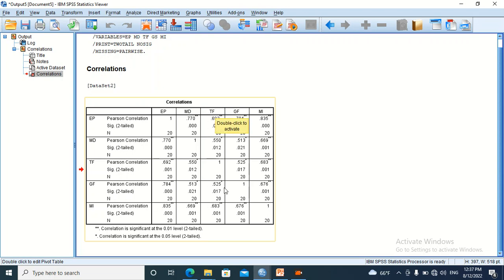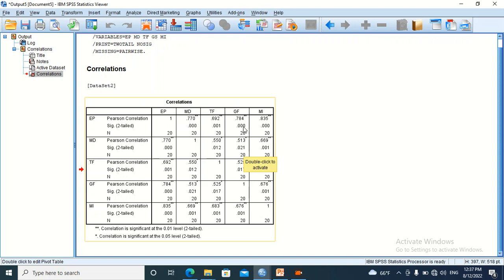For example, the relationship between TF and GF is significant, 0.01, which is less than 0.05. This is also a high correlation and is significant. This is also significant. GF to MED is also significant, 0.02, less than 0.05.